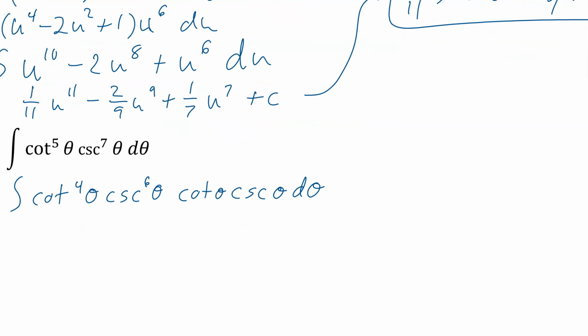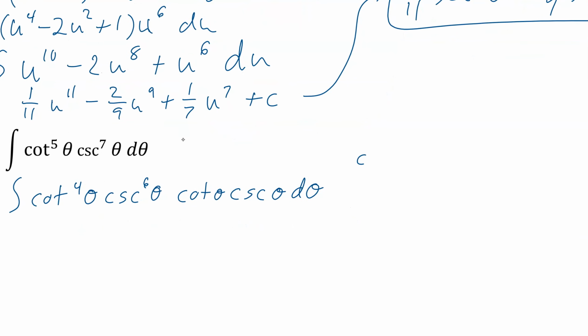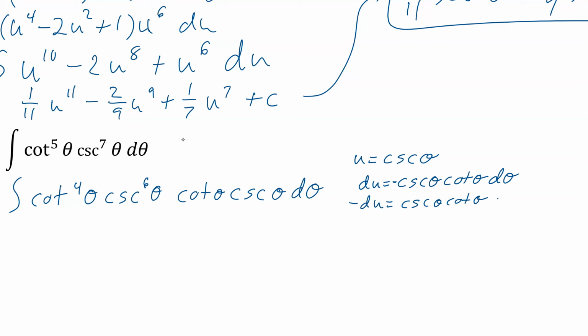So this means that what we're doing here is we're taking and saying u is cosecant theta. And so our du would equal cosecant theta, cotangent theta, d theta. Just remember the co gives us a negative. So this is really negative du equals cosecant theta, cotangent theta, d theta.